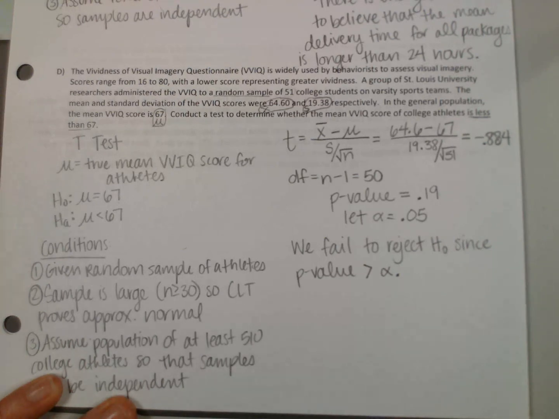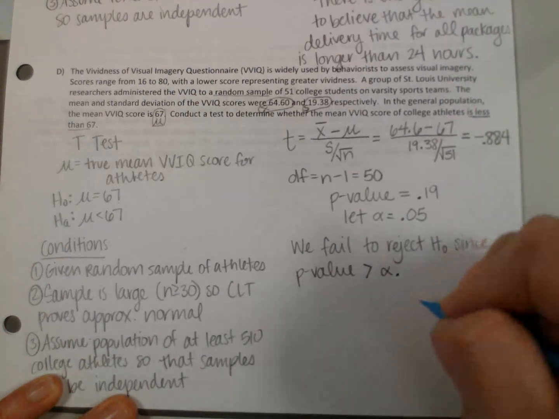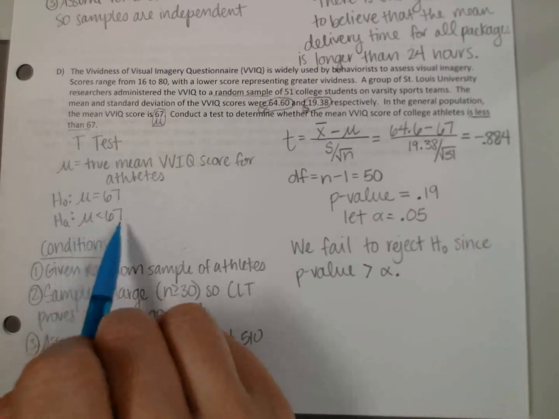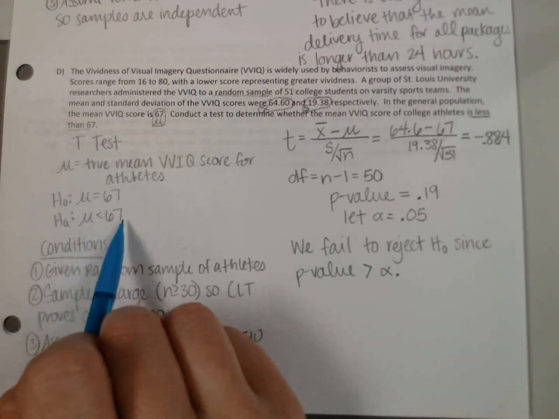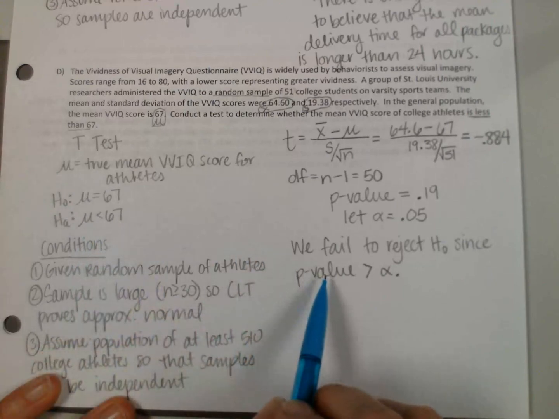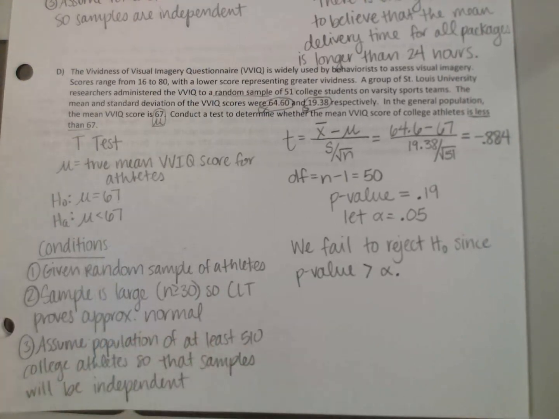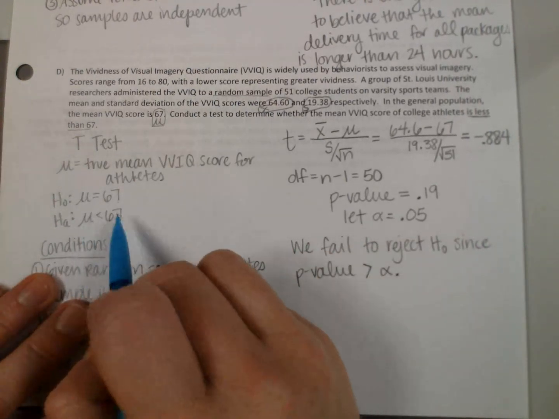Okay, so we had to say not guilty. We failed to reject. So then our second sentence is always about whether or not we had enough evidence to believe the alternative. If our probability is big, we did not find convincing evidence. So we're going to say there's not enough evidence to believe, and we're going to write this out in words.